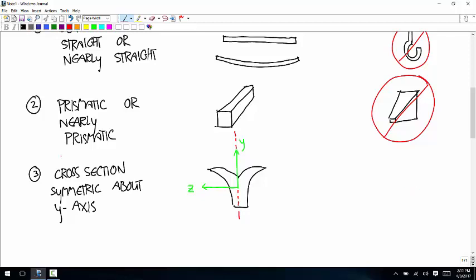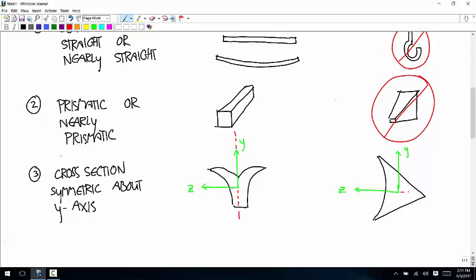This is not okay. Because here our y-axis is like this, z-axis is like this, the line of symmetry, well, there's the z-axis.